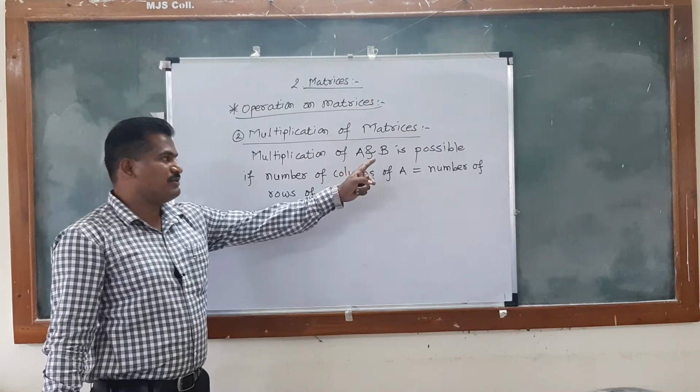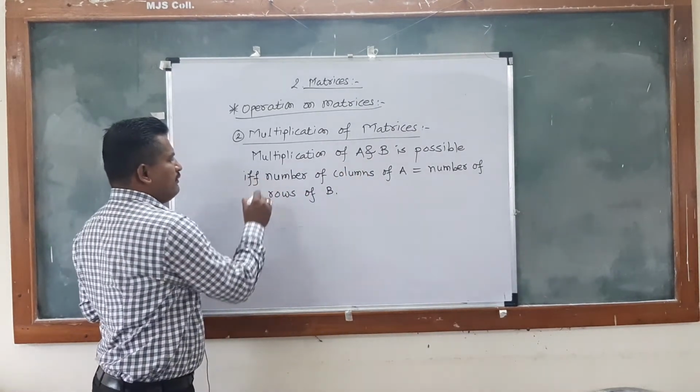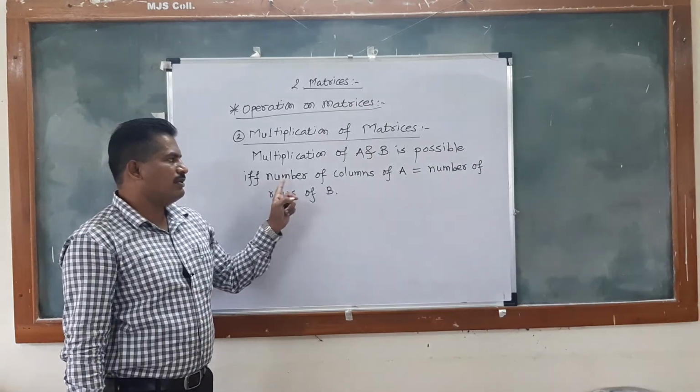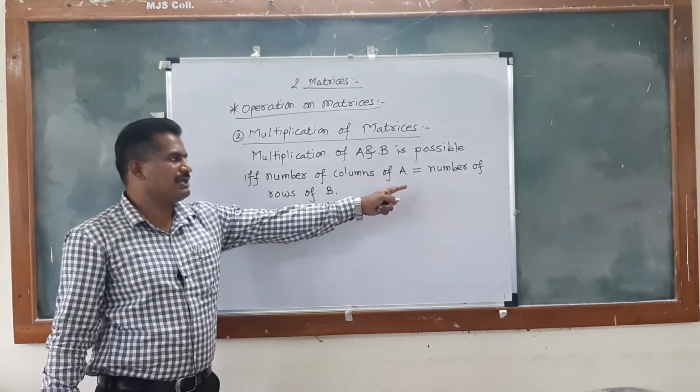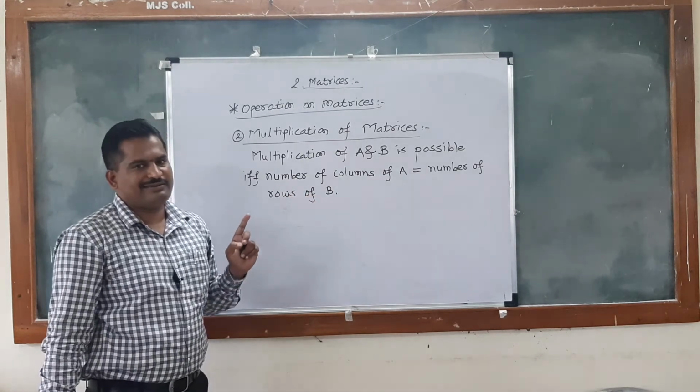Multiplication of A and B is possible if and only if the number of columns of matrix A is equal to the number of rows of B.